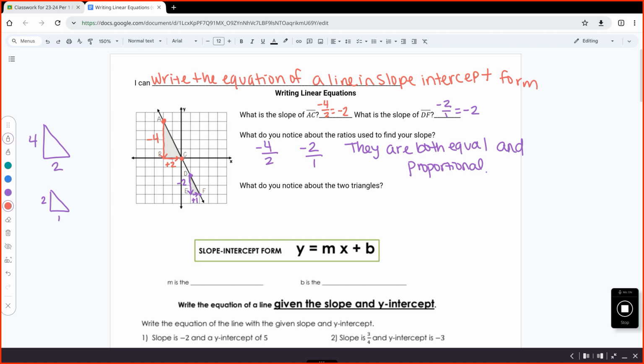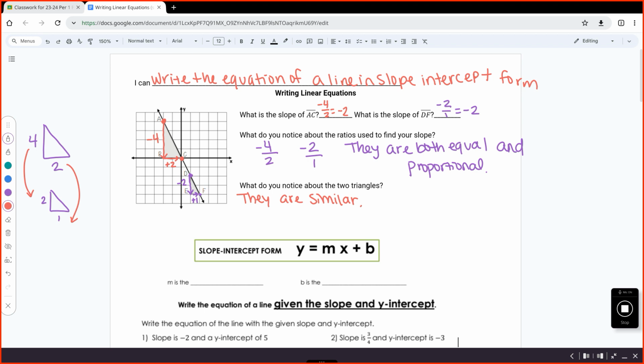Well, from 4 to 2, you divide by 2. From 2 to 1, you divide by 2. So the one triangle is 2 times the size of the other one, or you can think of it like the smaller triangle is half the size of the other one. So they're actually similar. The bigger triangle is double the size of the smaller triangle.